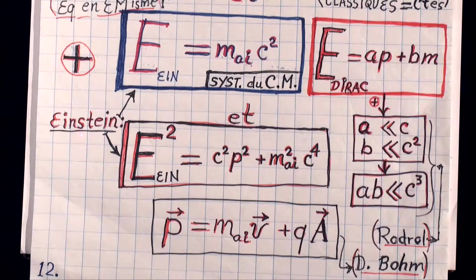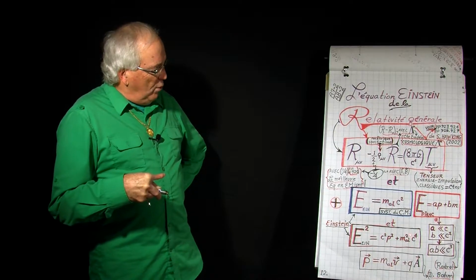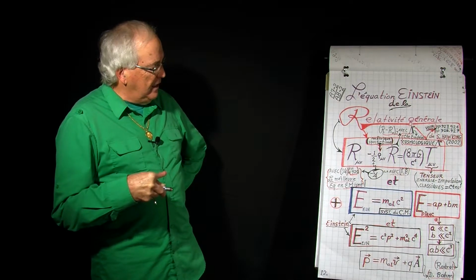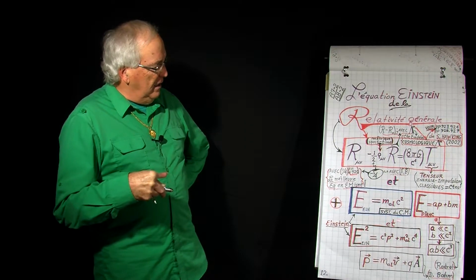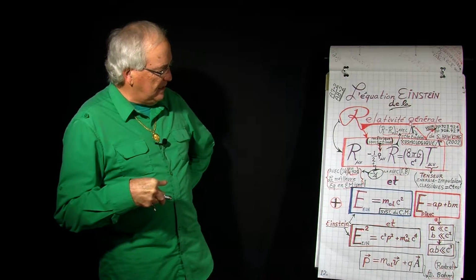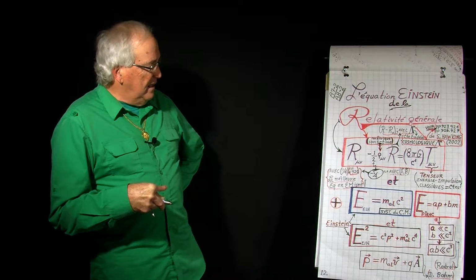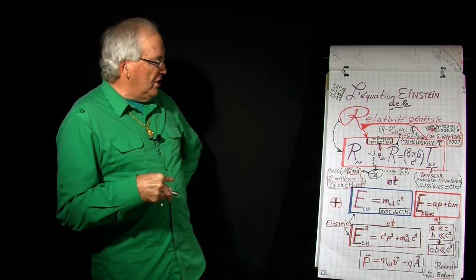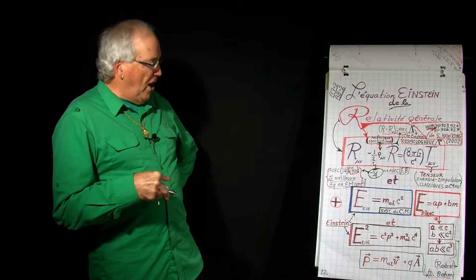If you take the square of the energy of the particle, according to Einstein in experimental measurement, you have the square of the energy in the center of mass system, which is separate or independent of the energy of impulse.